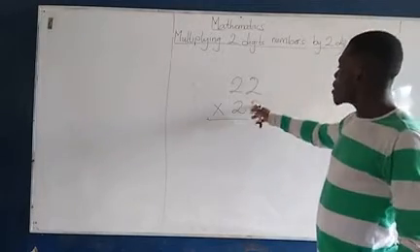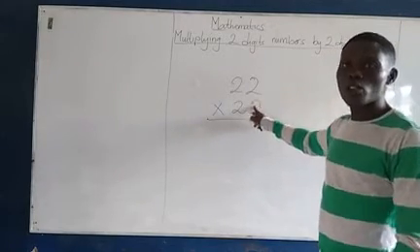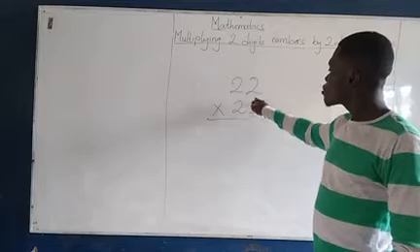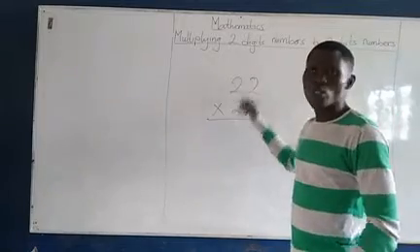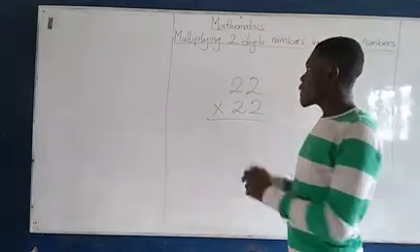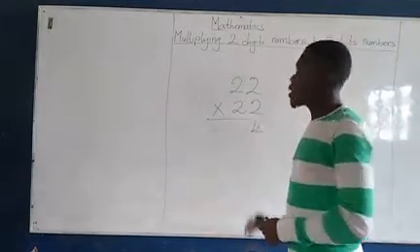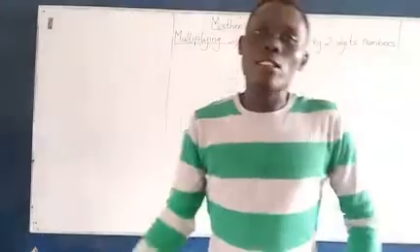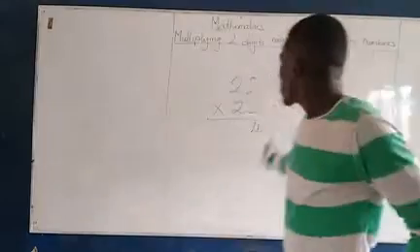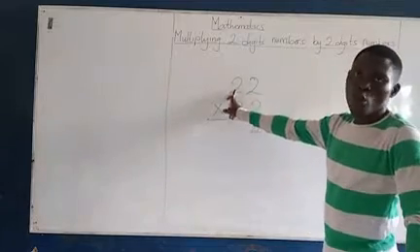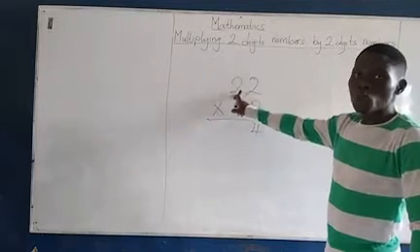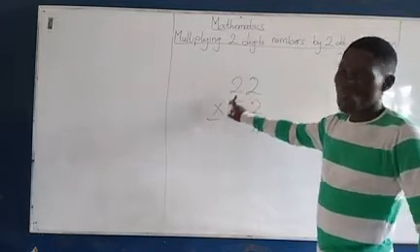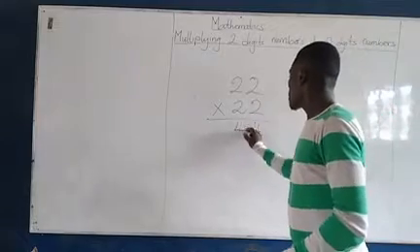Now if you multiply these two, you start from the first here. 2 times 2 gives us what? 4. Very good. You write your 4 right under the question that has been asked. Now you move to the next number on top. The same 2. So 2 times 2 will also give us what? 4. You write it there.